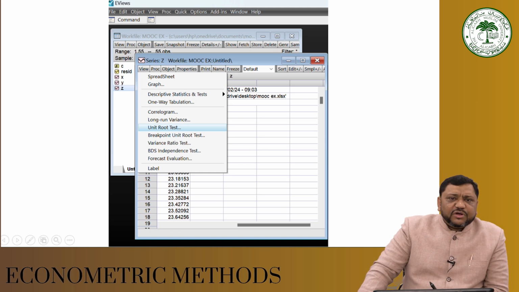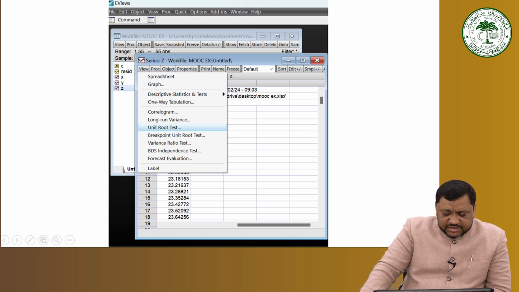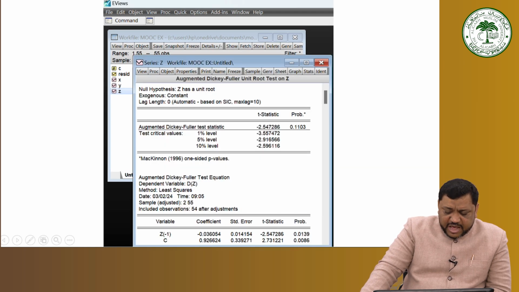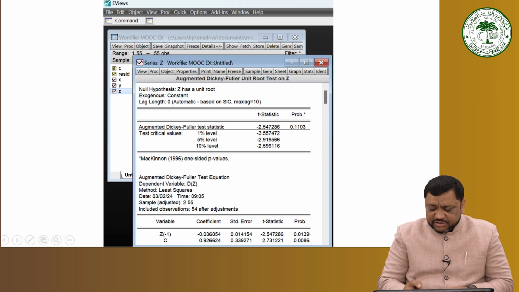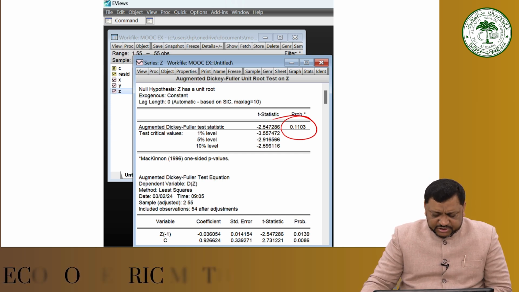We quickly have a look at how it is done through EViews. So we take the data into the software, and then we go to view, you go for unit root, and then you check on the level, and then we go for intercept, and we find that this value is more than 0.05, it means the data is not stationary.